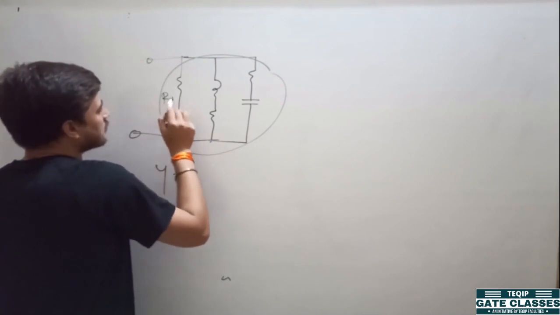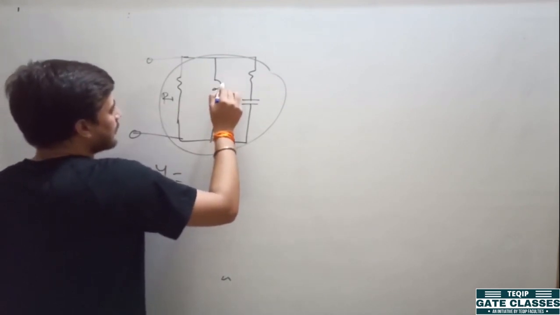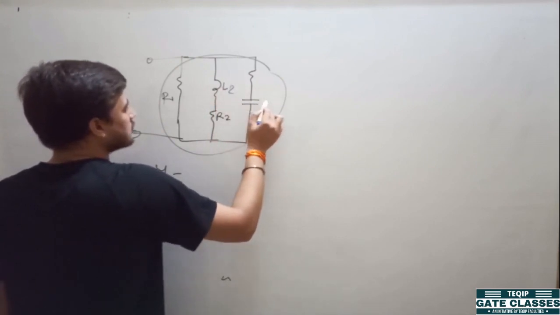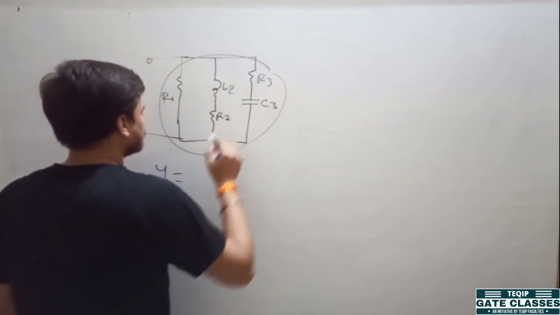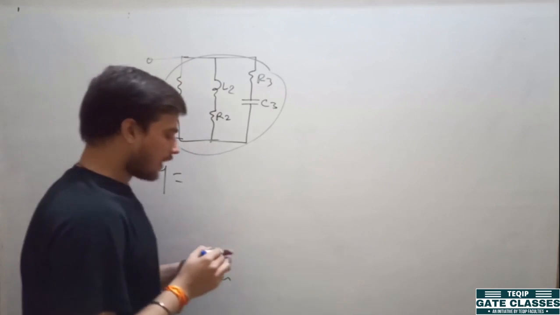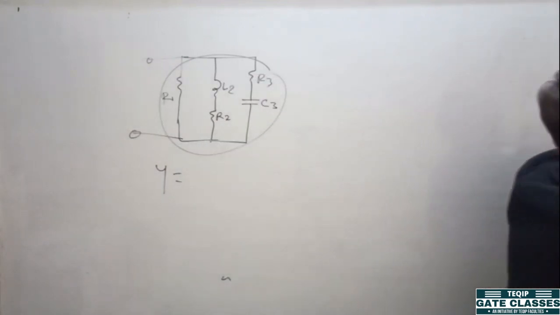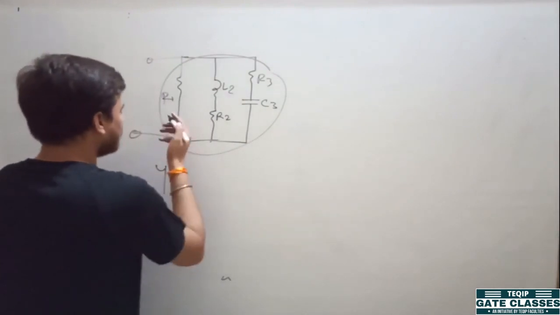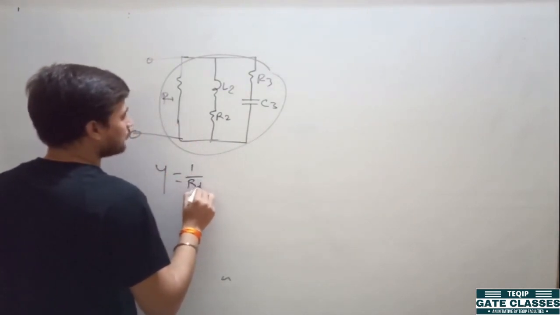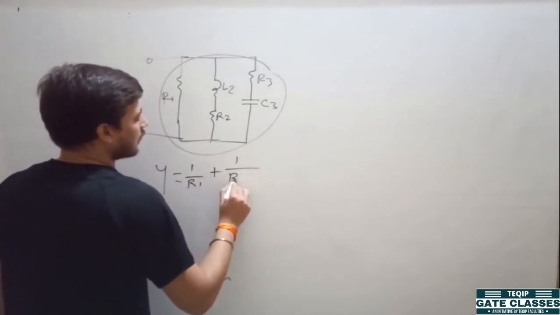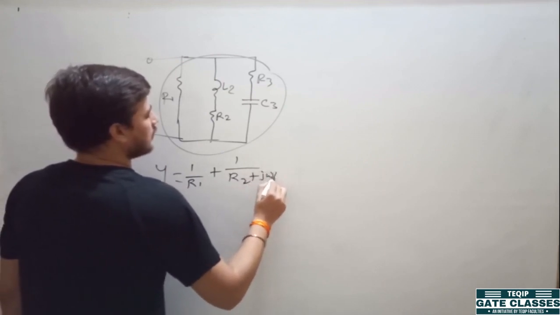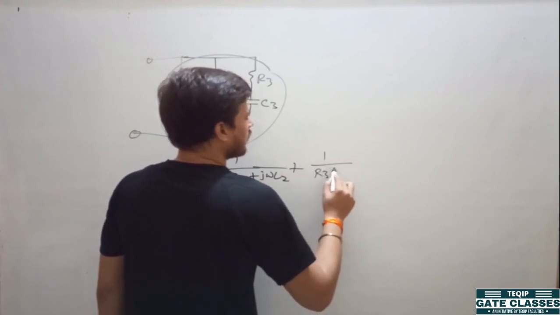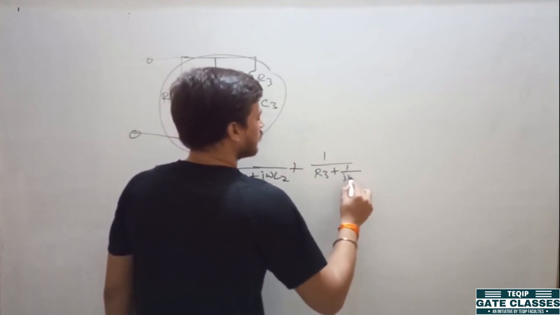Suppose it is R1, L1, R2, L2, and this is C3, R3. So from here, you will have to write the admittance. Admittance is equal to how much? Here it will be 1 upon R1 plus 1 upon R2 plus j omega L2. Similarly, here you will write 1 upon R3 plus 1 upon j omega C3.